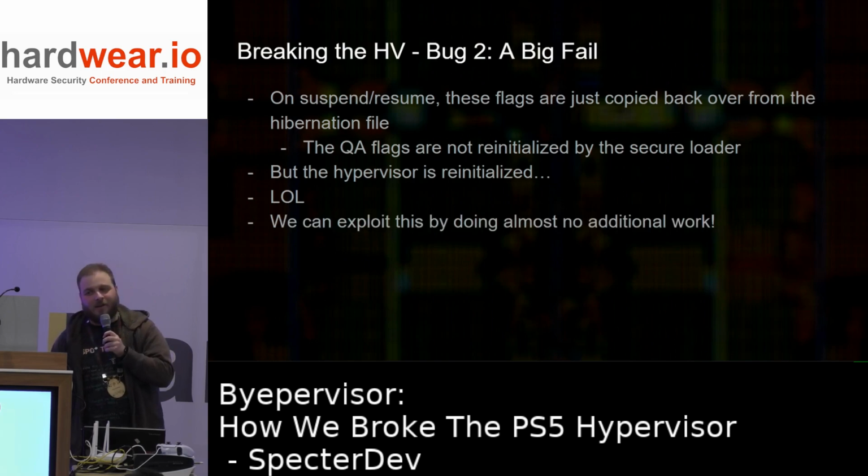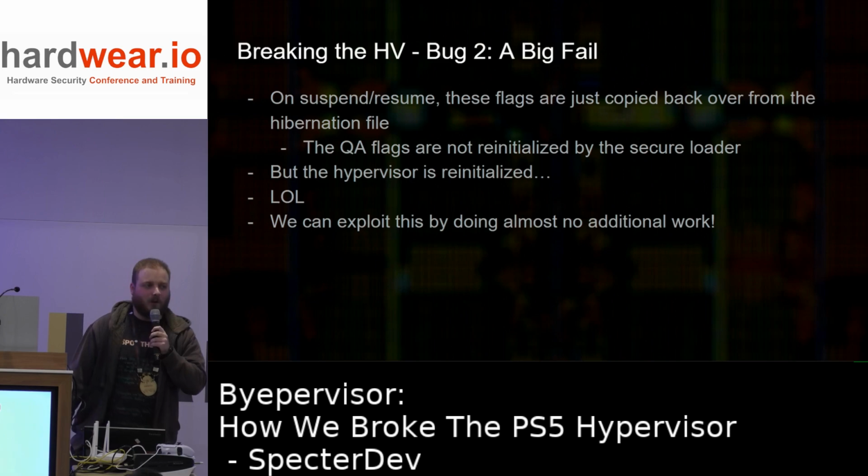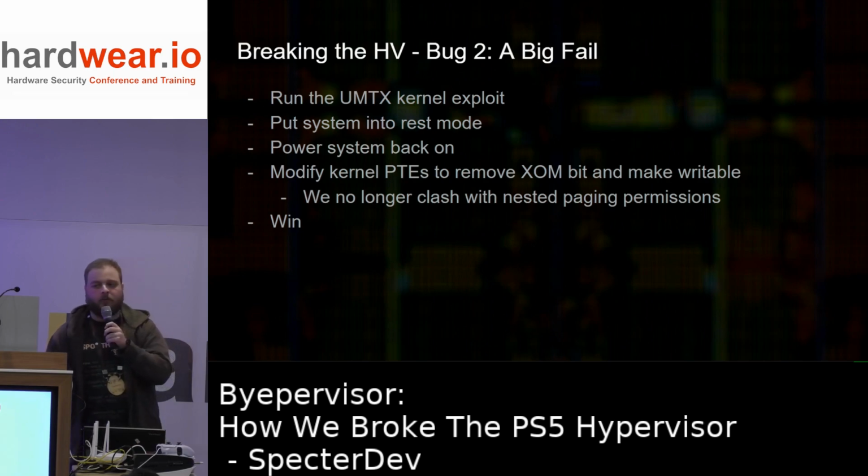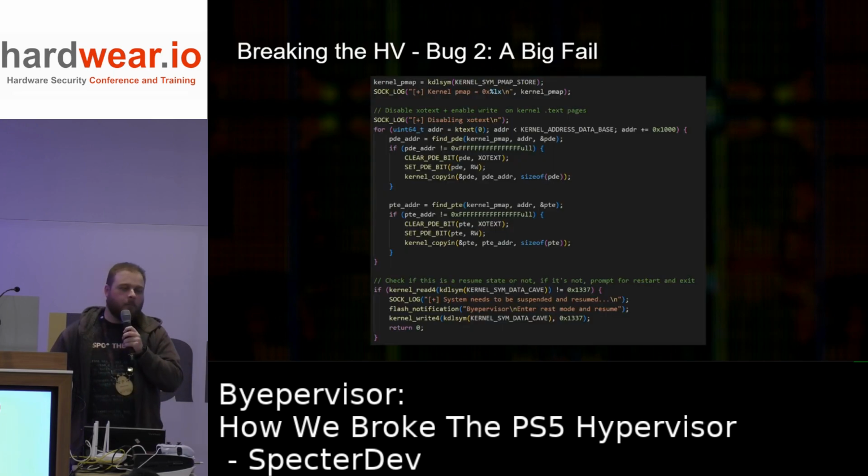So we can basically exploit this by doing almost no additional work. We just run the existing kernel exploit chain we have, put the system into rest mode, turn it back on, and then we can modify the kernel page table entries to remove the XOM bit, make everything writable, and we're not going to clash with the nested paging permissions anymore. So we win.